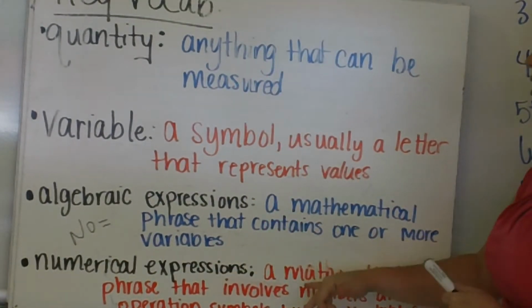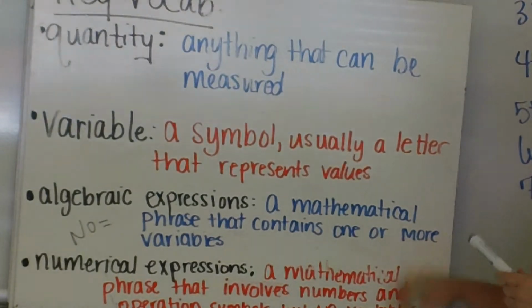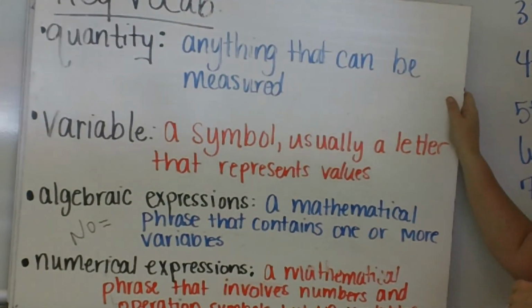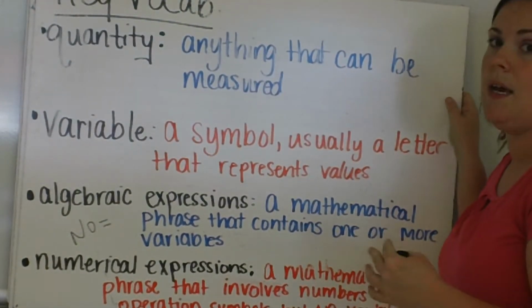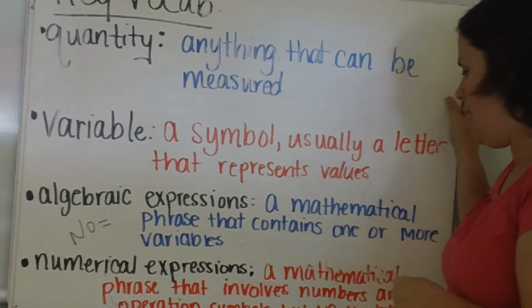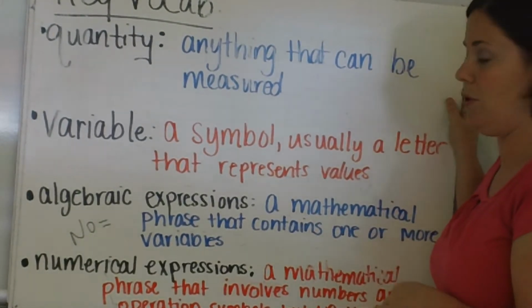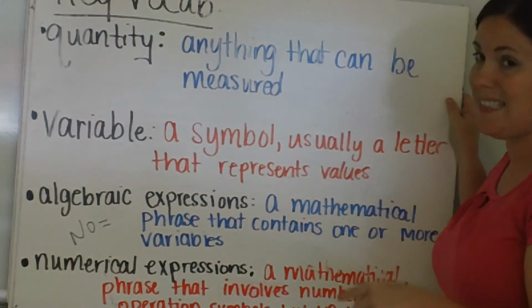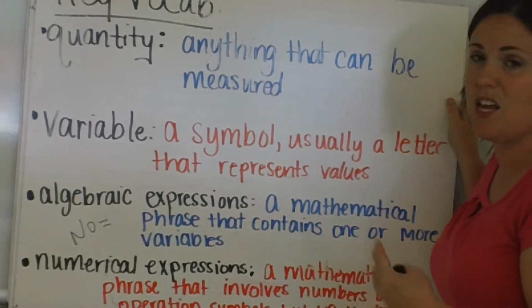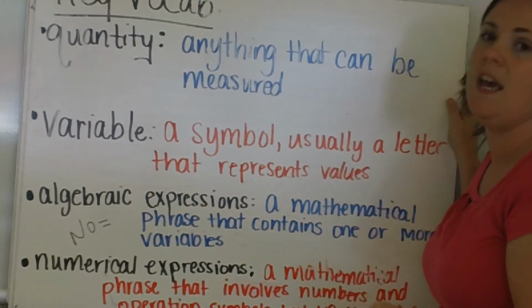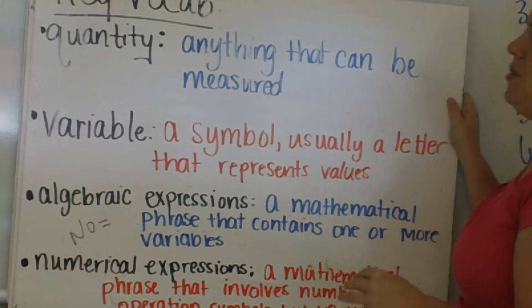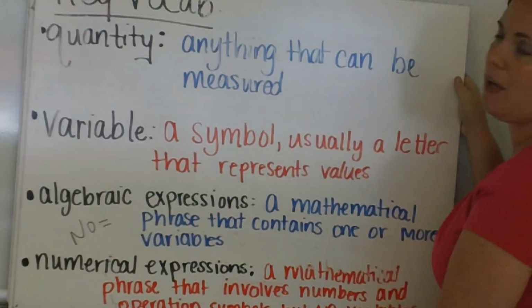And then a numerical expression is a mathematical phrase that involves numbers and operations such as plus, minus, divide, multiplying symbols, but it has no variables. So a numerical expression has none of those X's, Y's, or Z's. All it is is numbers, and it shows your signs and what you're using. Alright? Okay, cool. Let's move on.